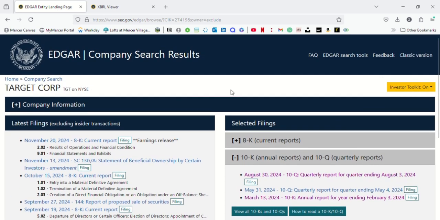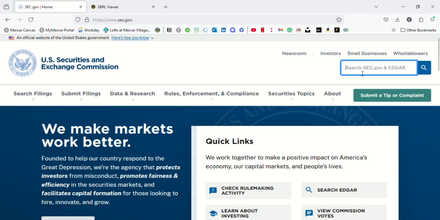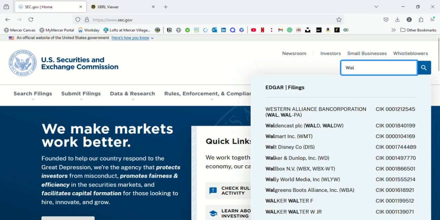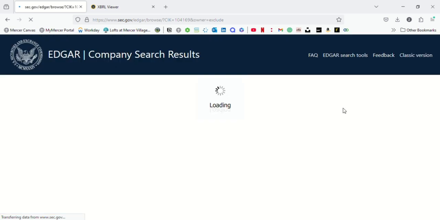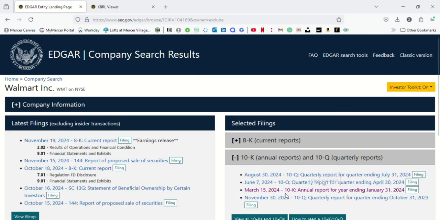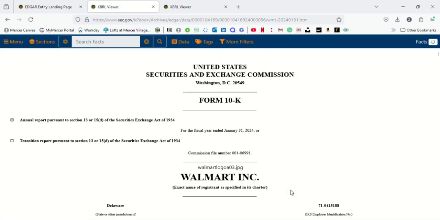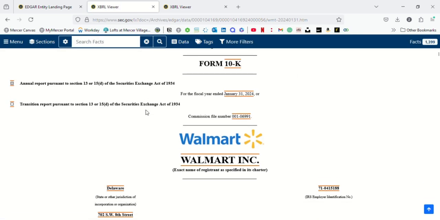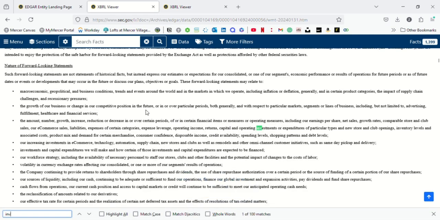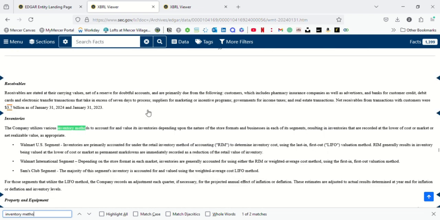So lastly, I just want to compare it to another one. So we're going to go back to the homepage and search up Walmart just to see how they compare. Going again to their 10K annual reports. This one was harder to find, so I just searched up on the page inventory method.